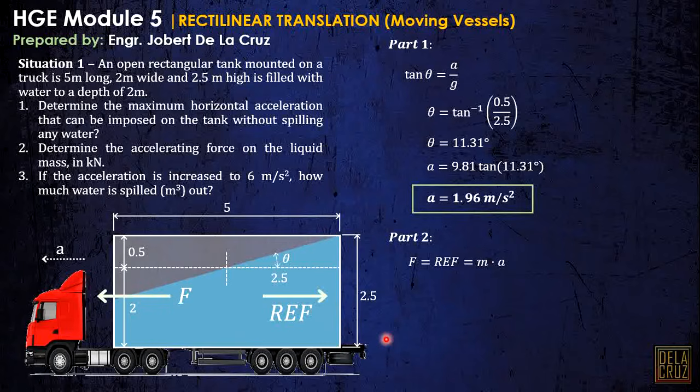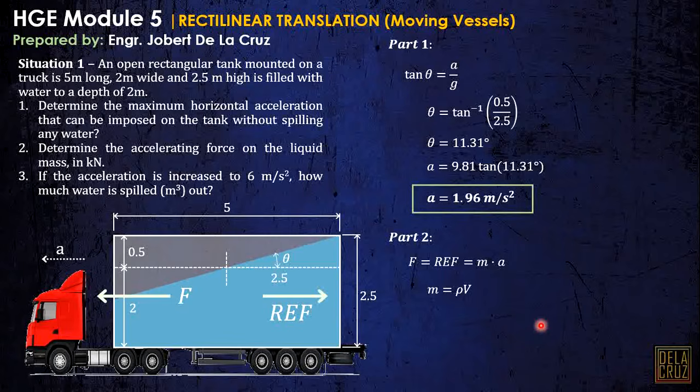Okay? Because it depends. If it said the accelerating force because of the mass of the truck and the mass of the liquid, then we will consider the mass of the truck. By this one, we know that the mass is the density times the volume.